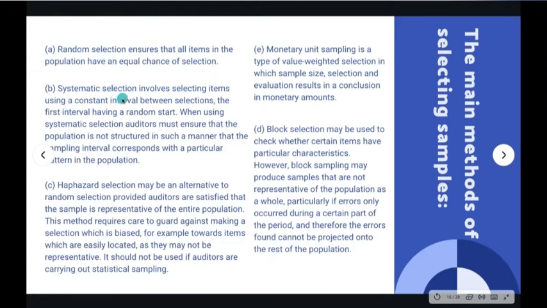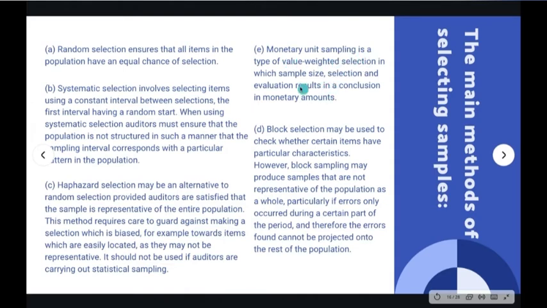Systematic selection involves selecting items using a constant interval between selections, the first interval having a random start. Haphazard selection may be an alternative to random selection provided auditors are satisfied that the sample is representative of the entire population. These three are the main methods of selecting samples, and these two are others.